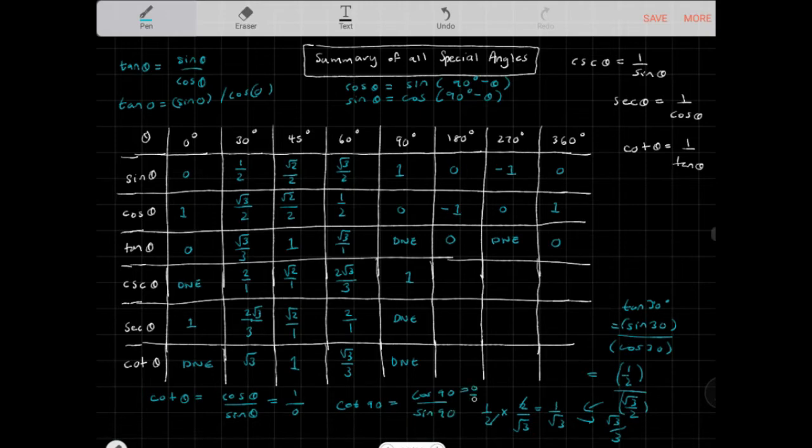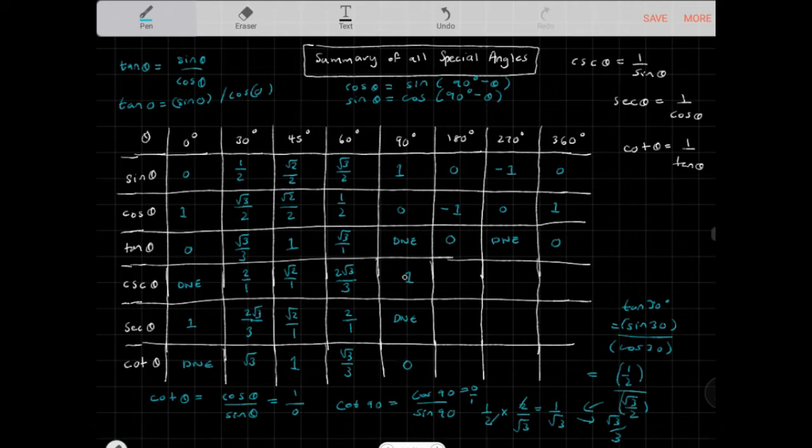And that's going to give us 0 over 1. So this actually does exist. So cotangent would actually be 0 here, right? So there the restriction is gone now, right? So keep that in mind, right? In this case, cosine 90 is 0, sine 90 is 1, so that's why it will exist.